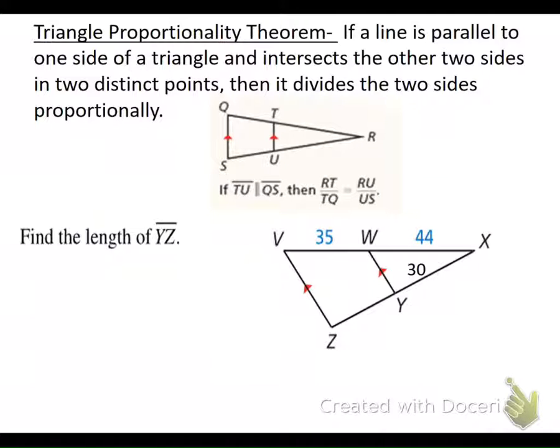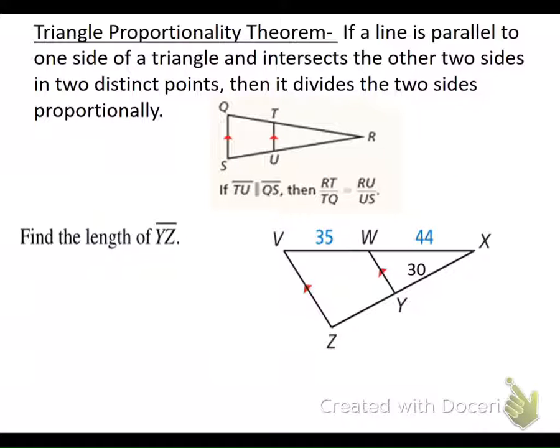Okay, the first one is the triangle proportionality theorem. If a line is parallel to one side of a triangle and intersects the other two sides in two distinct points, then it divides the two sides proportionally. So prior to this one, when you saw parallel lines, all I had you do is draw the two separate triangles, right?